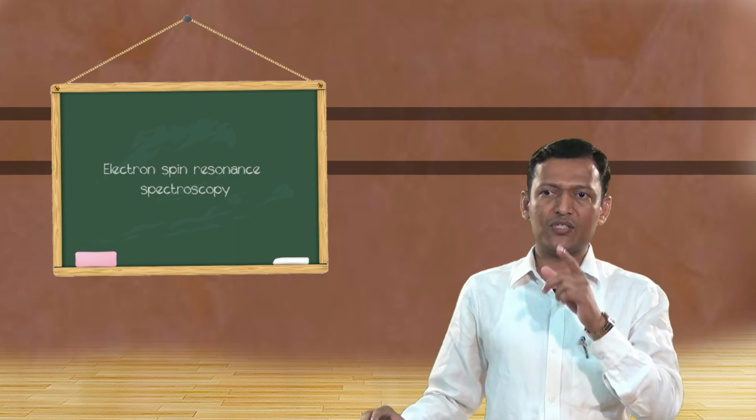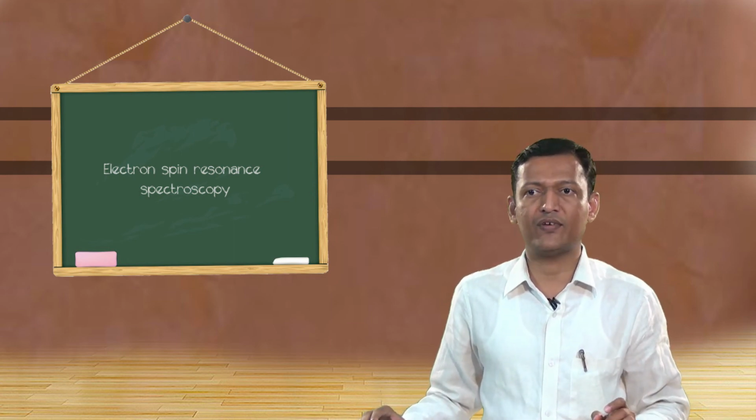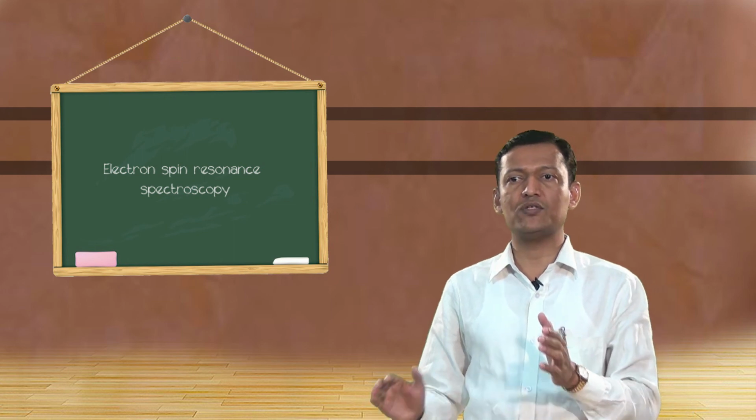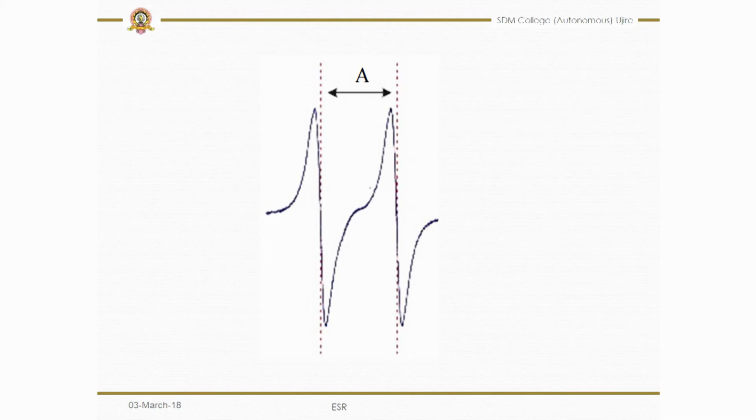This is the ESR spectrum for the proton. Here we find two lines in the ESR spectrum. The distance of separation between the two lines gives us the measurement of the hyperfine splitting, the hyperfine coupling constant A, as we can see here. So from this distance we can find out the hyperfine coupling constant.